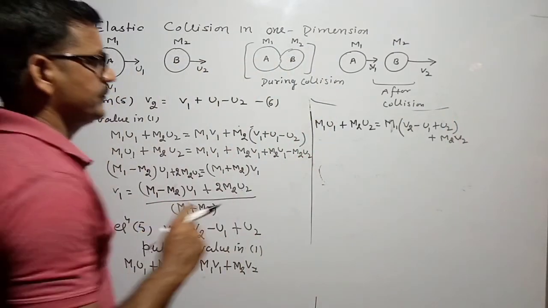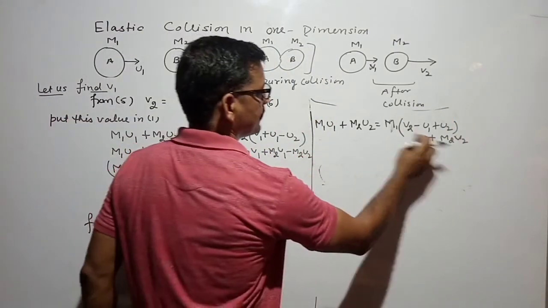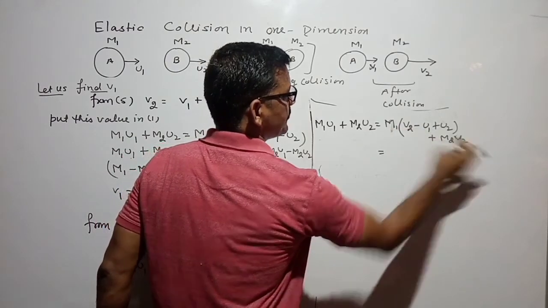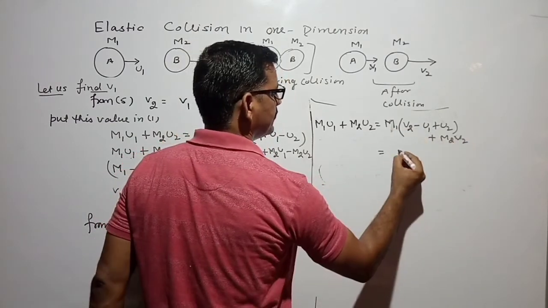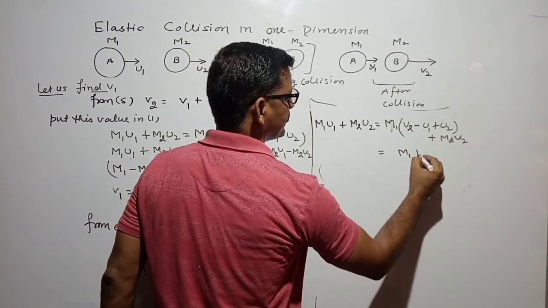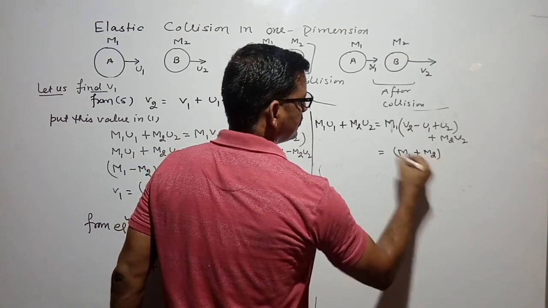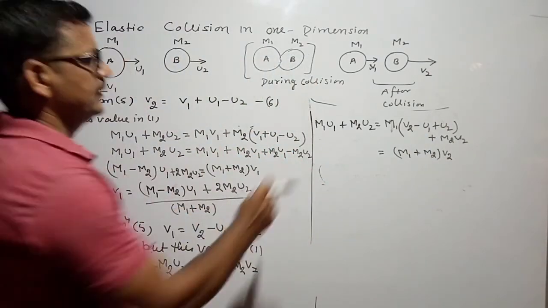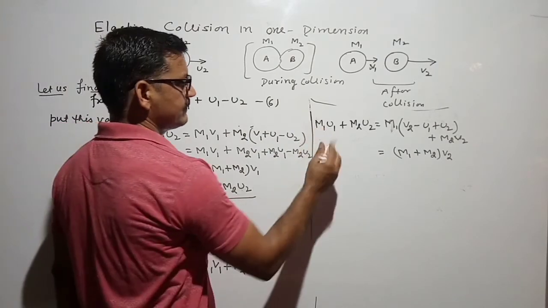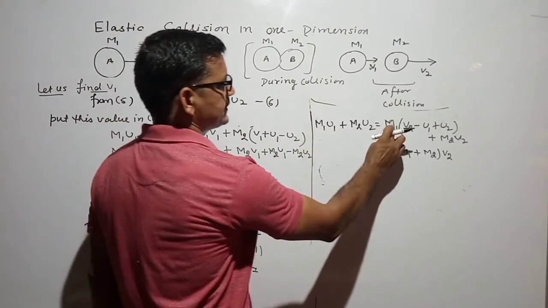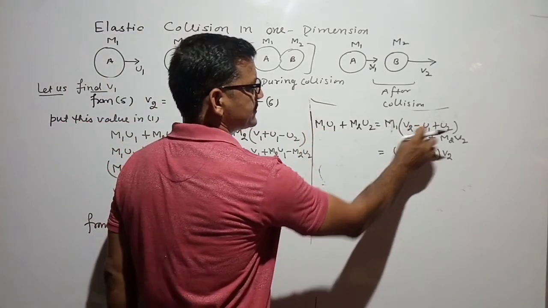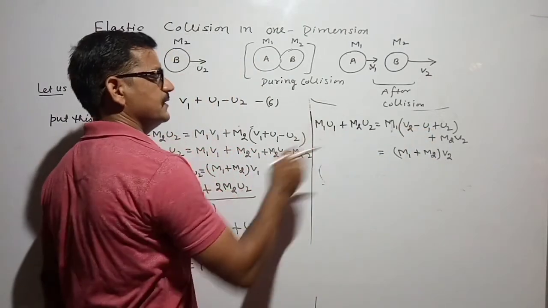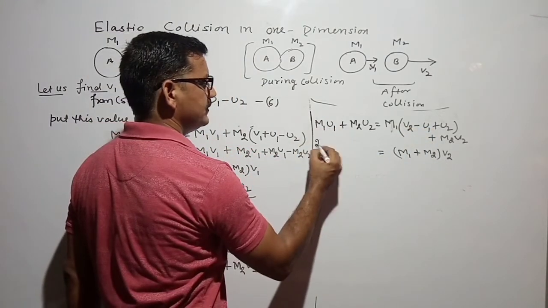Now we have to find the value of v2. So what is v2 here? m1 v2 plus m2 v2, so take v2 common here: m1 plus m2 and v2 is common. Now see, this is m1 u1 here, and this is m1 and minus u1, so minus m1 u1. When this minus m1 u1 comes this way, it will become 2 m1 u1.